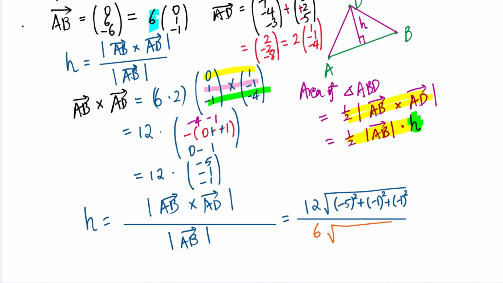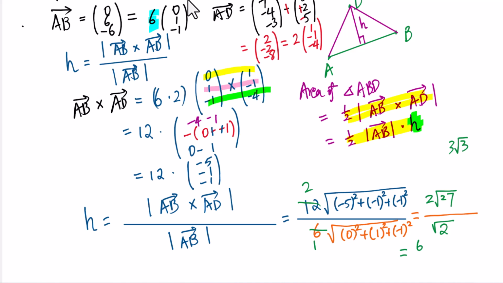Square root of 0 squared plus 1 squared plus -1 squared equals, reduce, 2 square root of 27 over square root of 2 equals, square root of 27 is 3 square root of 3.